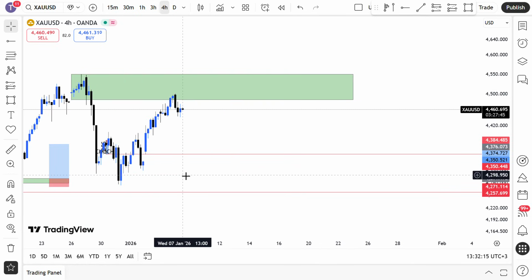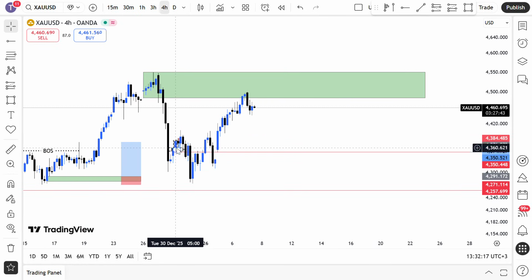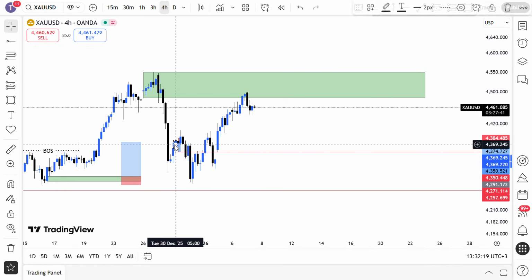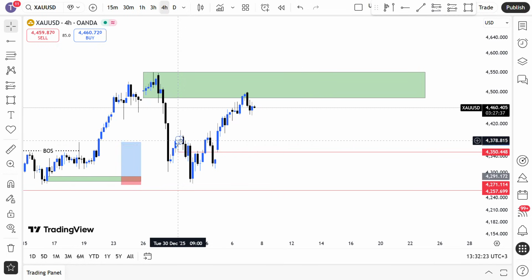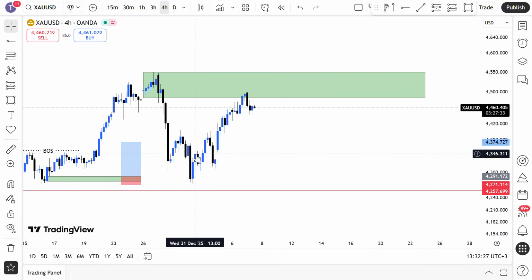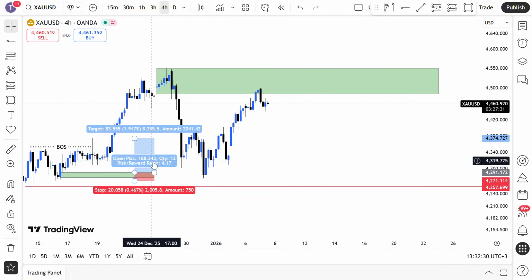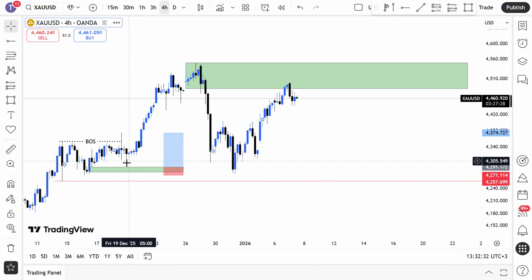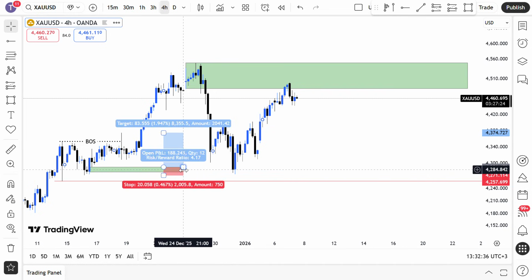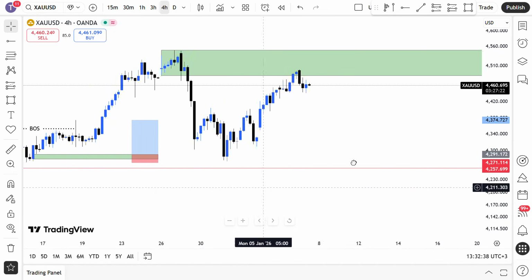So on gold, let me delete this, keep my chart very clear for you guys to see. Let me delete those, and also this one. So the price came into my level. There was a zone I marked down here, and you can see if I extend this level, let me zoom it.